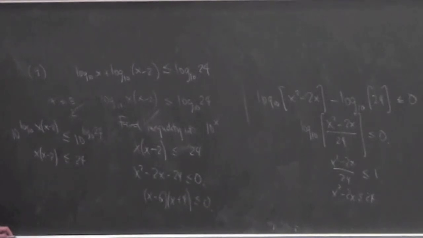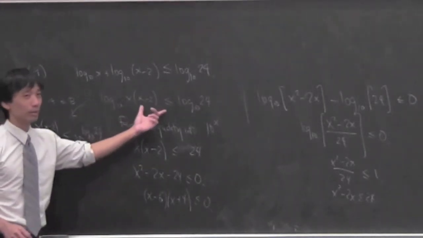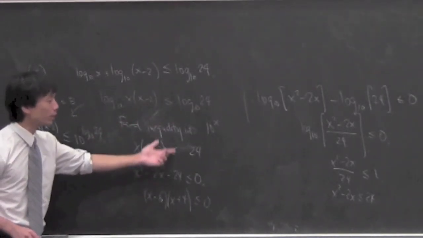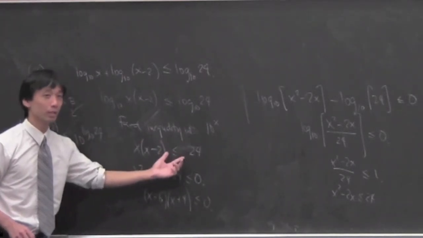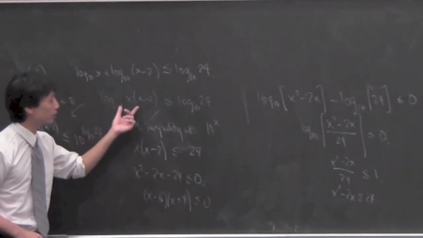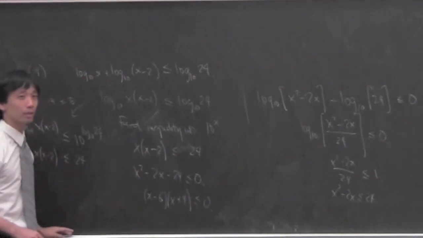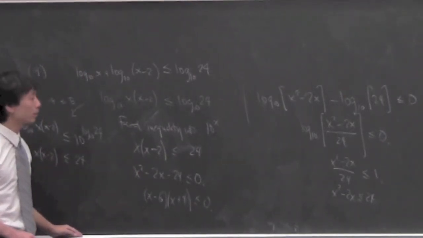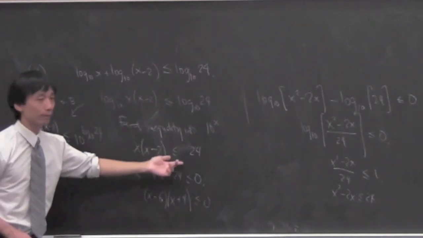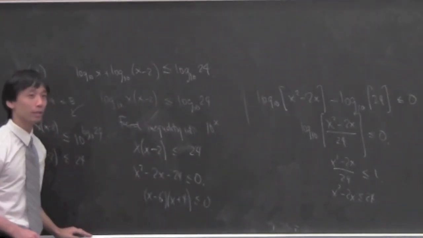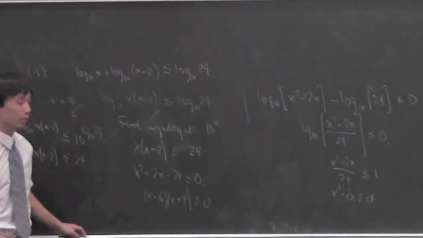So whenever you have a log base of whatever, and it's the same on both sides, you can just skip to here, as long as you remember what the function does to the inequality. We're taking 10 to the power, so we preserve the inequality. It doesn't always have to be 10. It could be 5, or it could be a half, but if it was a half, then you have to flip the sign. That's the only thing.